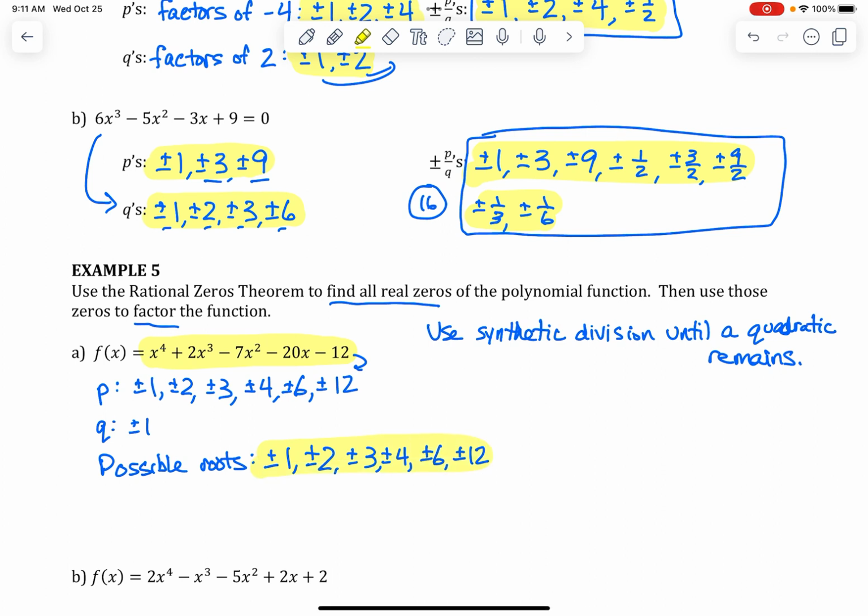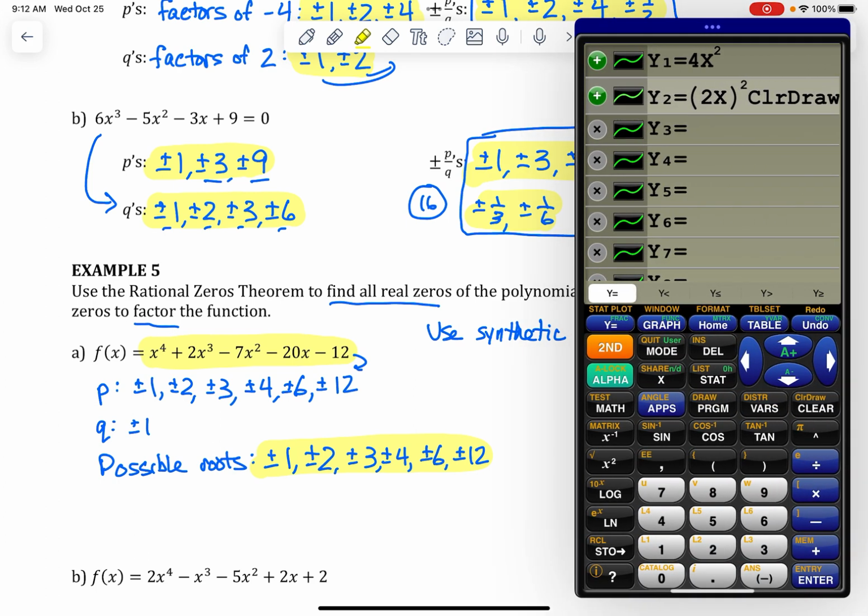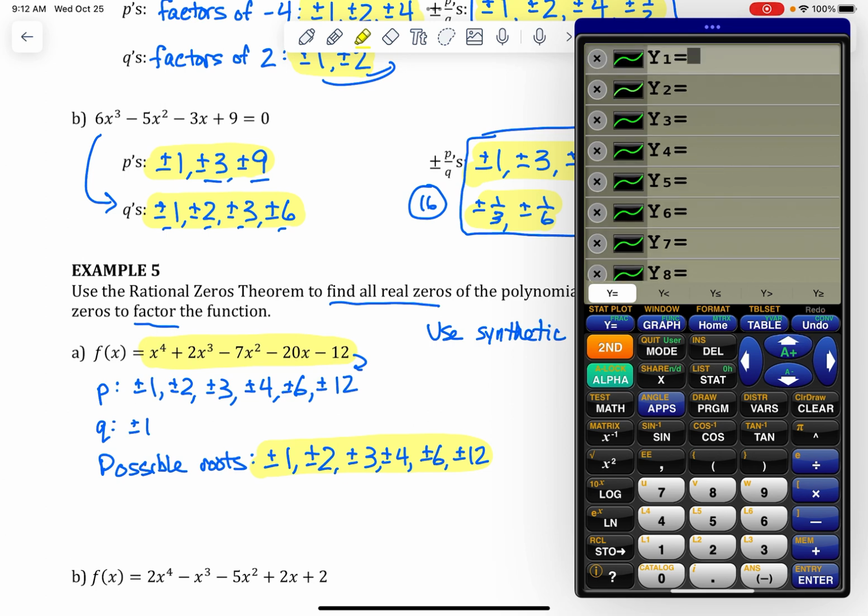Now, before calculators, they would want you to guess. Pick one, synthetically divide, and see if it works. Well, we luckily have the joy of having our calculator, right? So we can go to our calculator, clear it out, and look at the function.